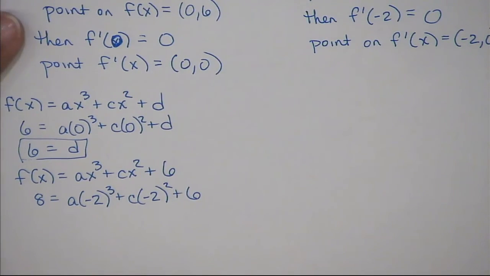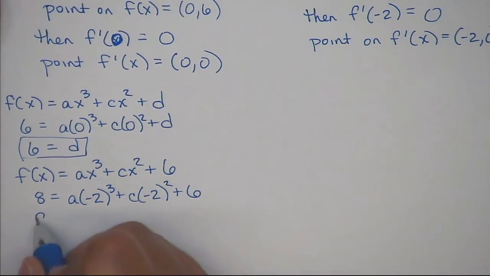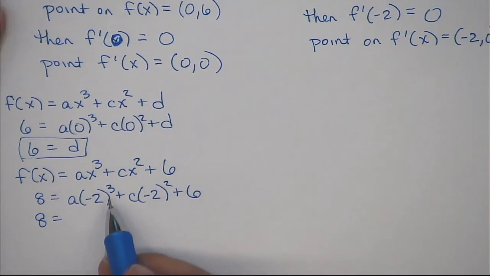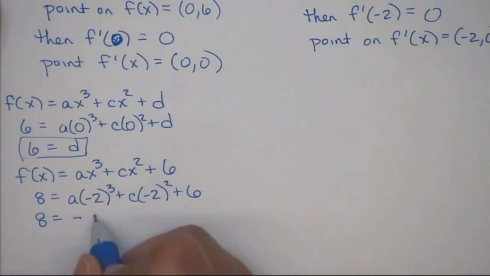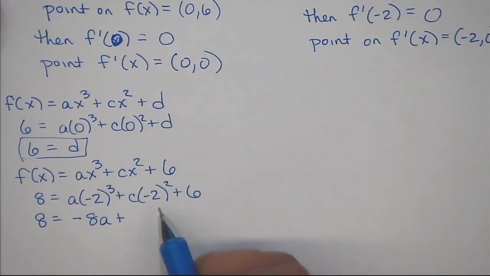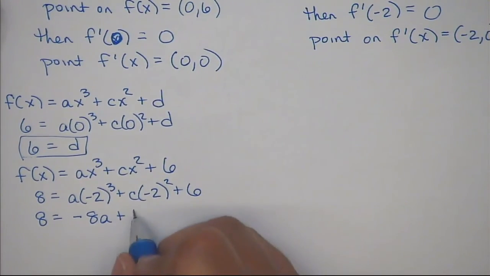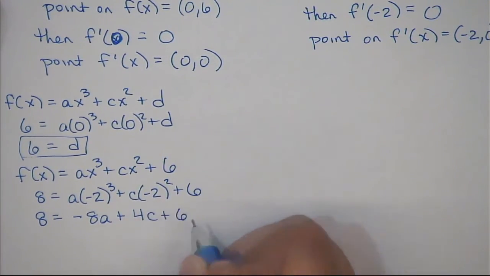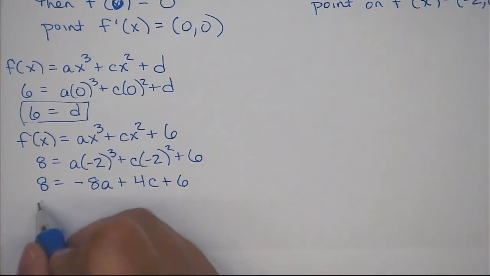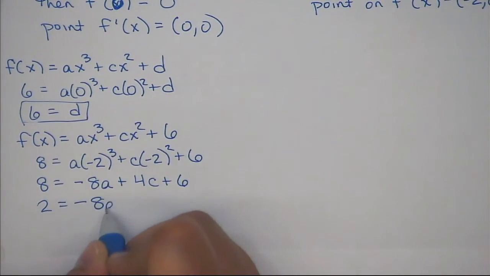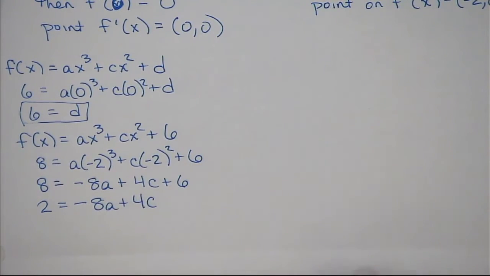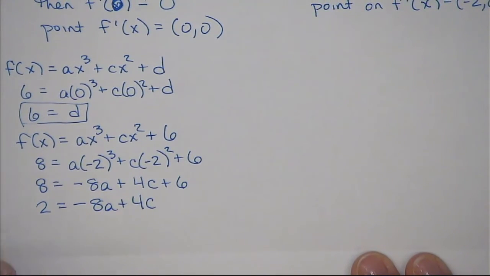Now I'm going to get stuck, but let's just see what happens. So negative 2 cubed is negative 8a plus 4c, that's positive, plus 6, and then I can move the 6 over. So I get 2 equals negative 8a plus 4c. And that's all I can do with my function. Okay? So this is going to turn into a systems problem.